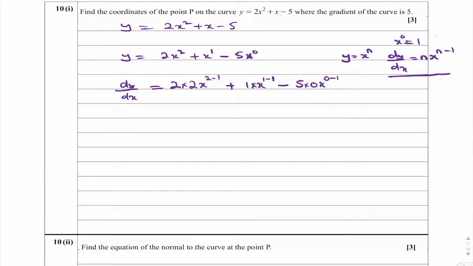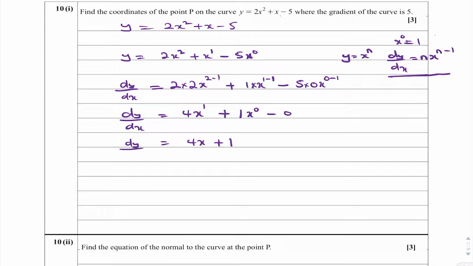So what do we get after this? We get dy dx equals 4x to the power 1 plus 1 x to the power 0 minus 0, because 5 times 0 is 0. And that becomes 4x plus 1.